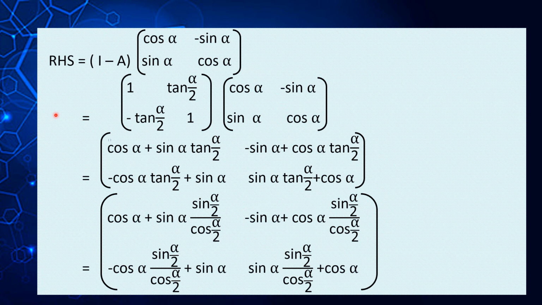Now, we would consider the RHS part of the question, that is I minus A into cos alpha, minus sin alpha, sin alpha, cos alpha, which is equal to 1, tan alpha by 2, minus tan alpha by 2, 1, into cos alpha, sin alpha, minus sin alpha, cos alpha.